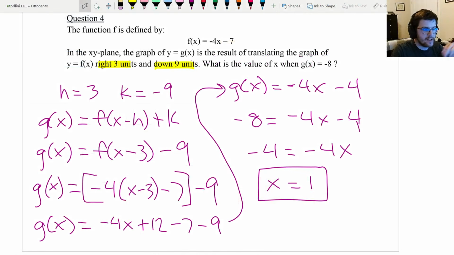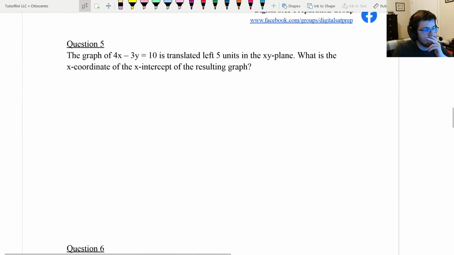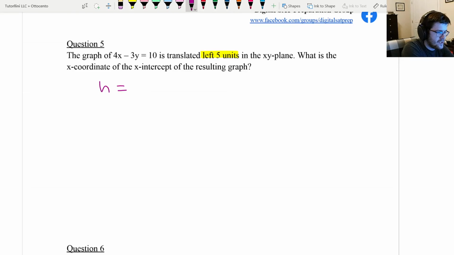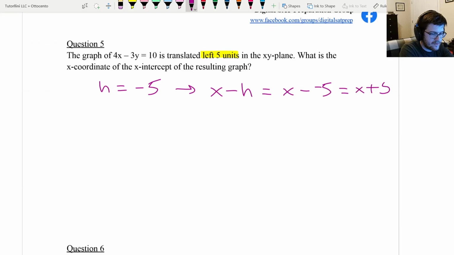Okay, let's go back here. This is implicit, so we're going to have to do some x minus h, y minus k stuff. The first one wants us to translate it left 5 units. So h is just negative 5, and x minus h is going to be x minus negative 5, or in other words, x plus 5.